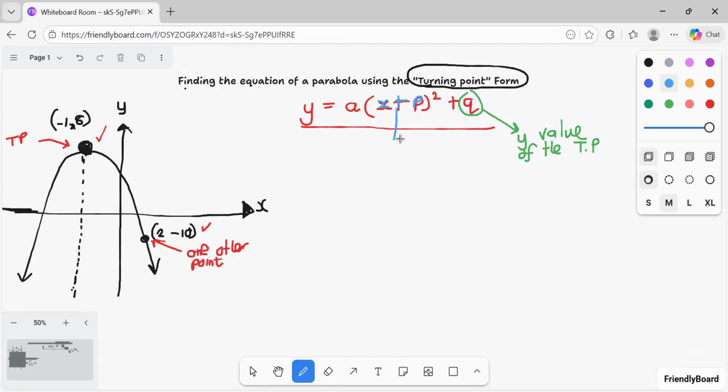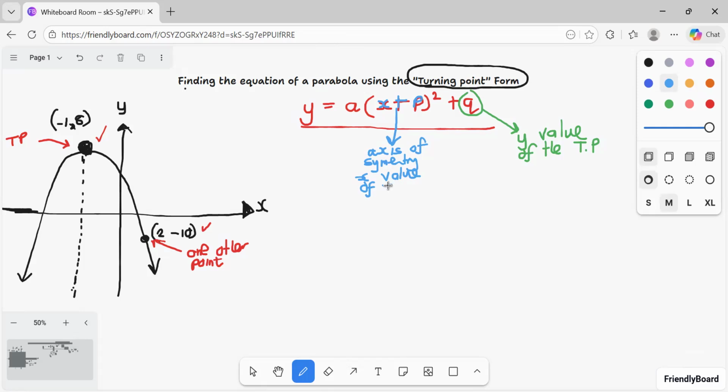So this x plus p gives us the axis of symmetry, and it also gives us the x value of the turning point.